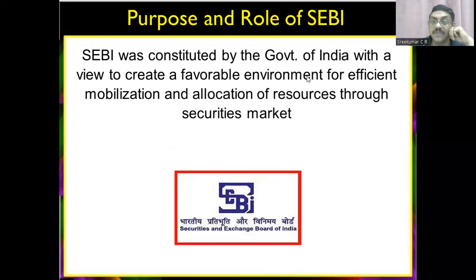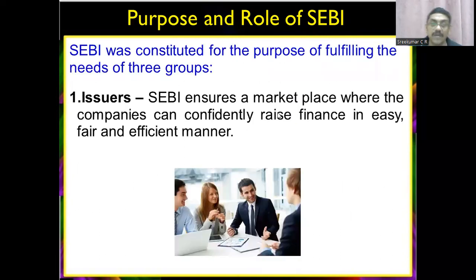Because of this, SEBI was constituted by the Government of India mainly for the purpose of providing a favorable environment to investors, so that a huge amount of money, the finance, can be allocated properly in the securities market between the investor and the buyer.